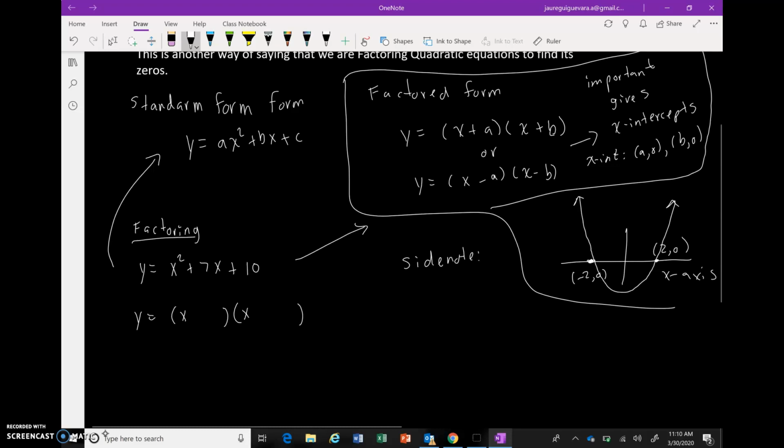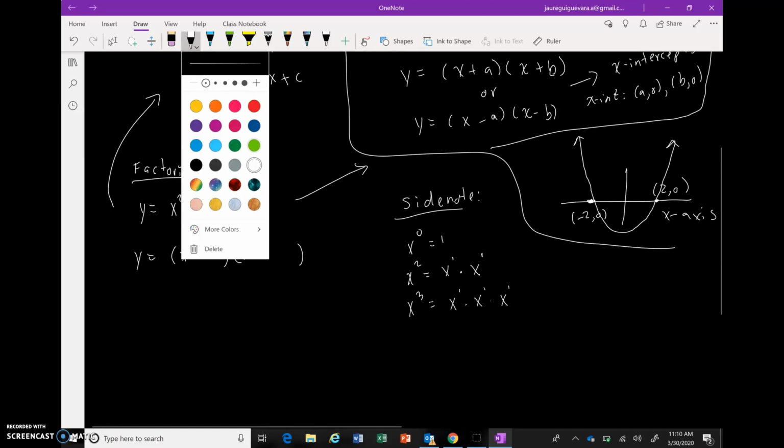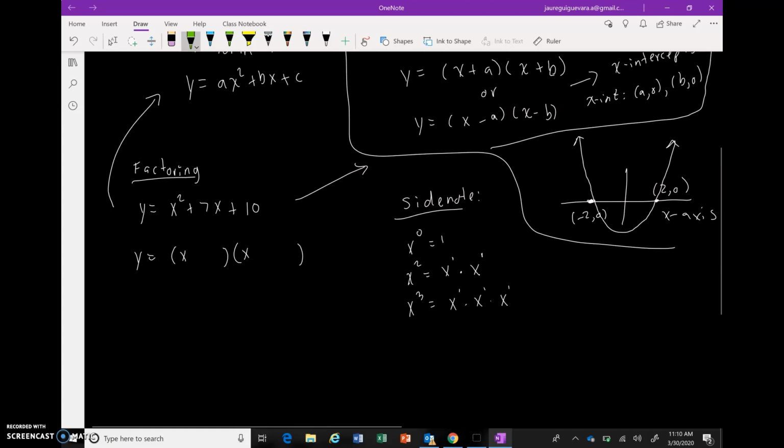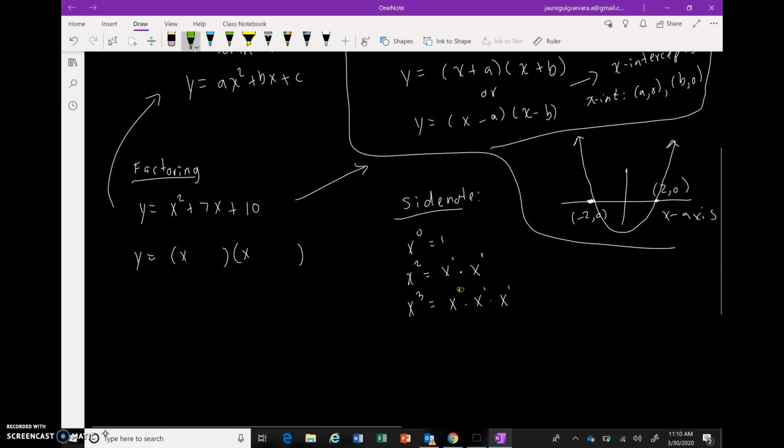You remember that x to the power 0 is 1? X to the power 2 is just x times x, and x to the power 3 is x times x times x. What you should notice is the exponents: 1 plus 1 plus 1 gives you 3, 1 plus 1 gives you 2.